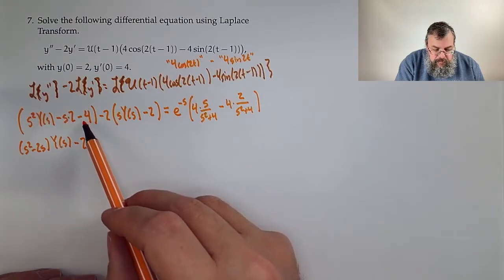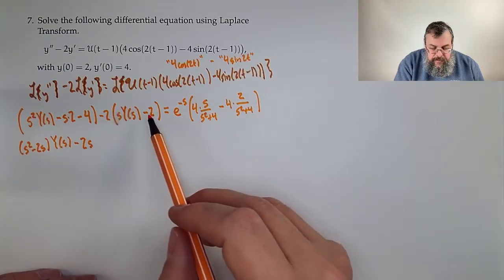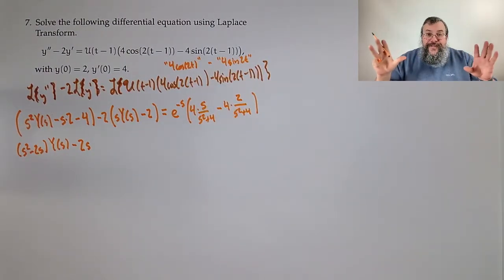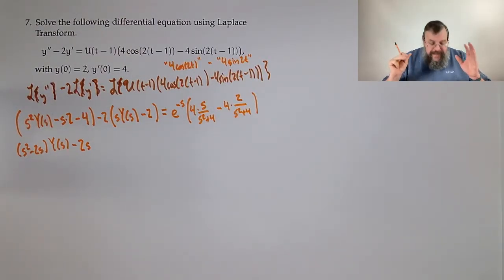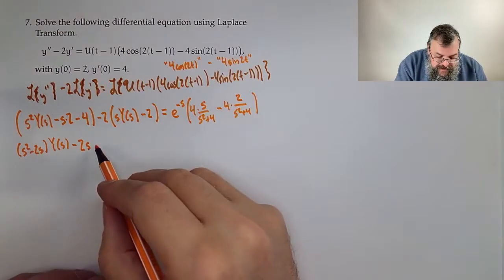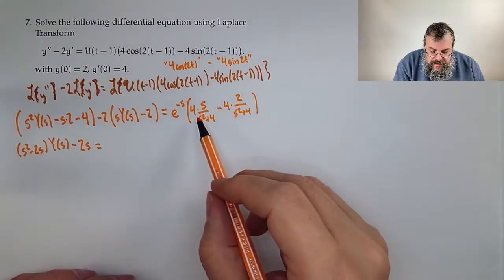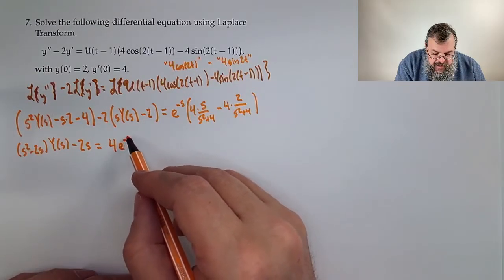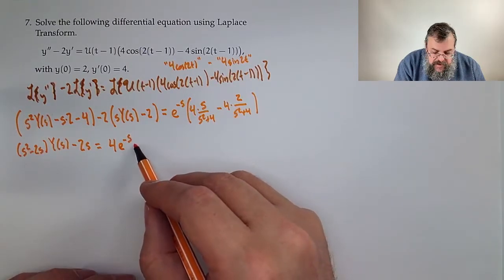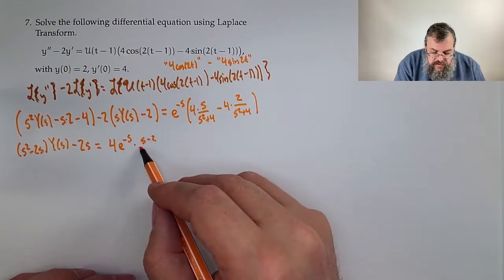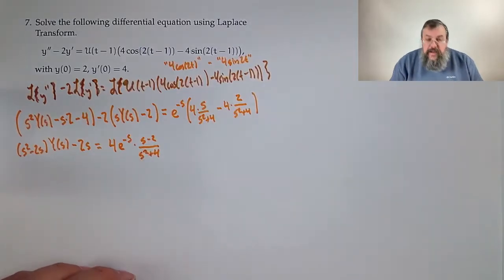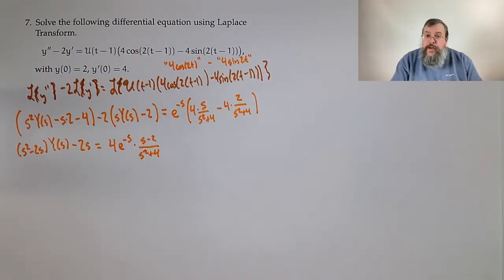And then we have minus 4, and there we have plus 4, which cancels. So 0. All right, that's good news for us. On the other side, we can pull the 4 out. So we have 4 e to the minus s, and then times (s minus 2) over (s squared plus 4). All right. Good. That's not too bad.